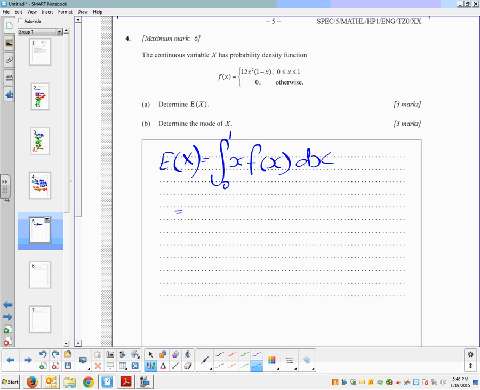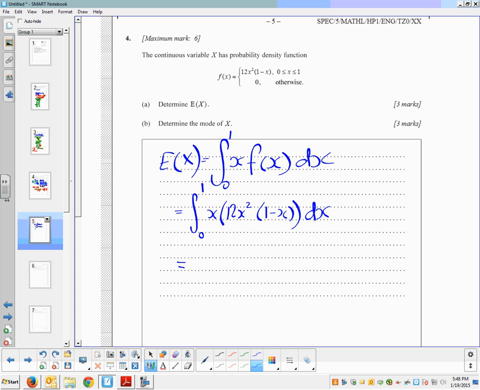So we're just integrating from 0 to 1 x times 12x squared (1 minus x) with respect to x.